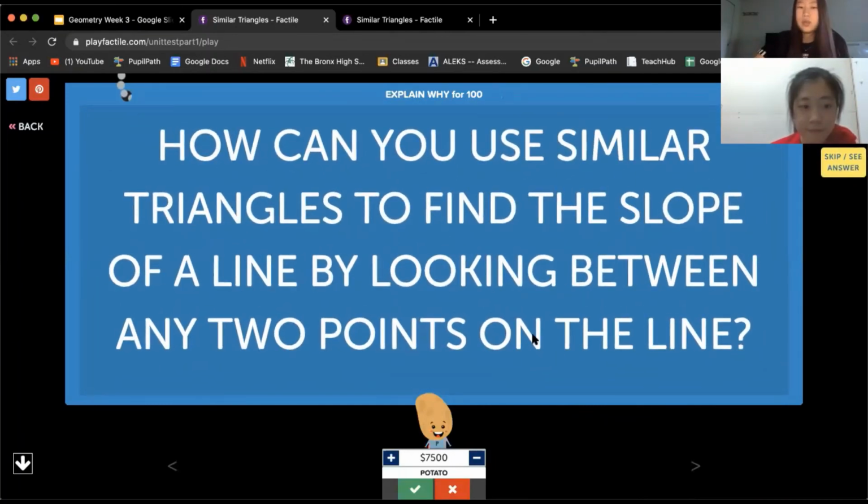Can you use similar triangles to find the slope of a line by looking between any 2 points on the line? Wait, how can you use similar triangles to find the slope of a line?